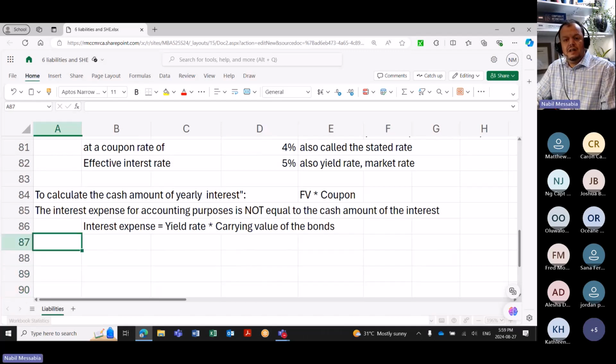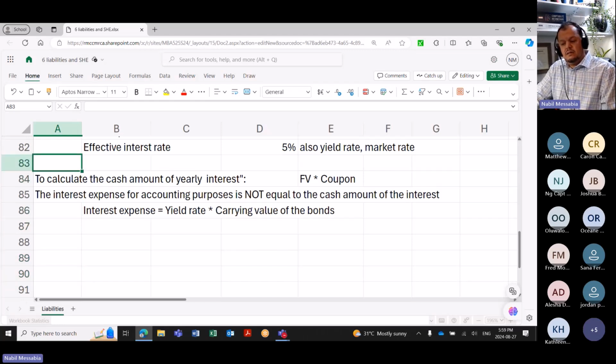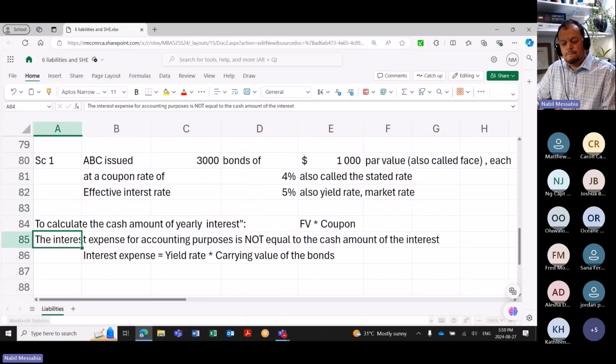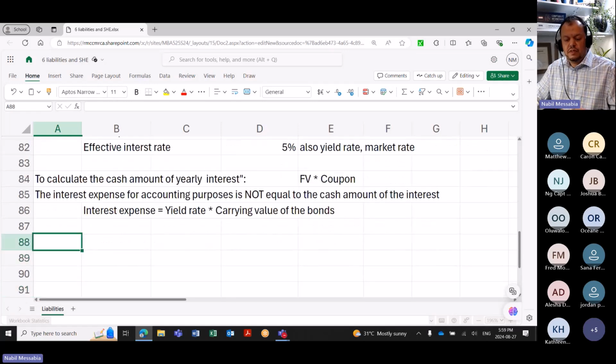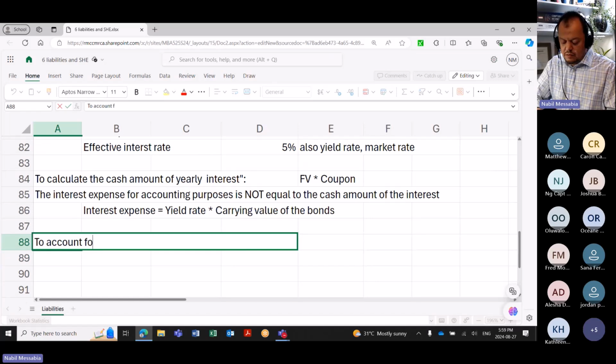So, okay, let's go step by step. Let's start with accounting for the issuance, the day you issue the bonds.